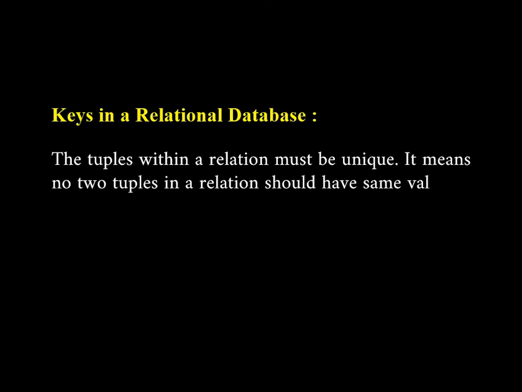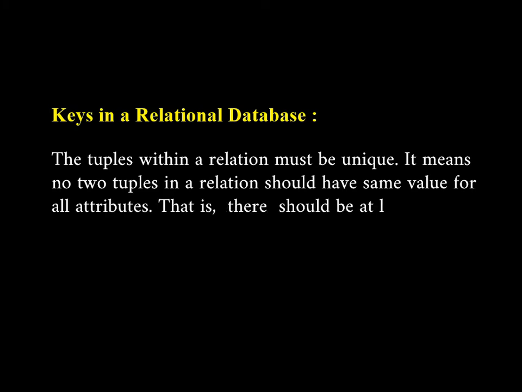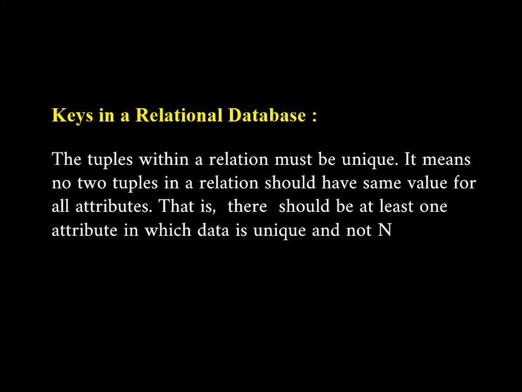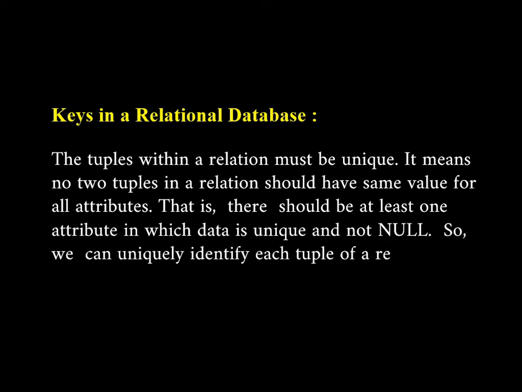It means no two tuples in a relation should have the same value for all attributes. That is, there should be at least one attribute in which data is unique and not null, so we can uniquely identify each tuple of a relation.